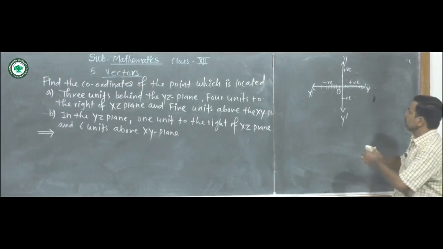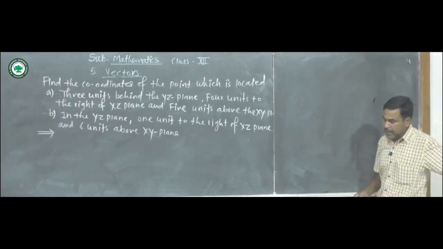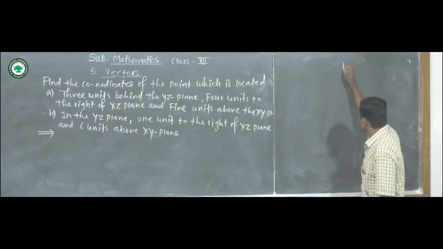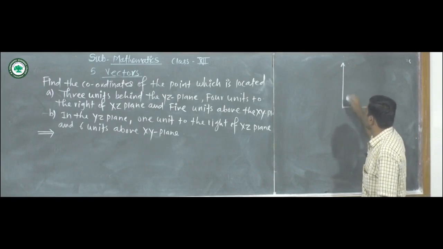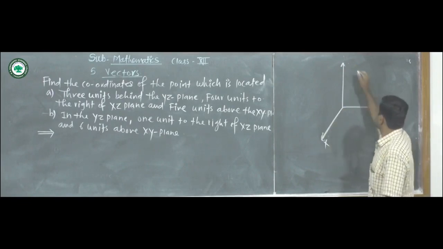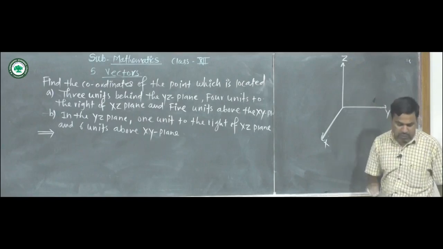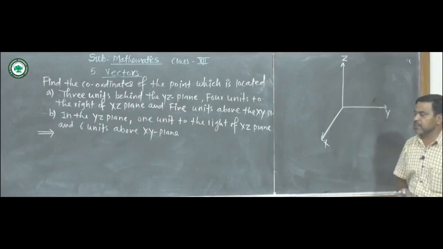Now come to the three-dimensional system. See, this is a three-dimensional coordinate system: x-axis, y-axis and z-axis.